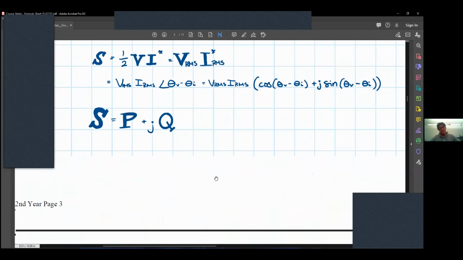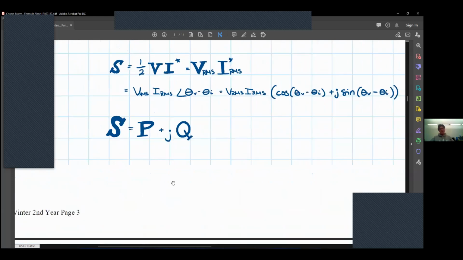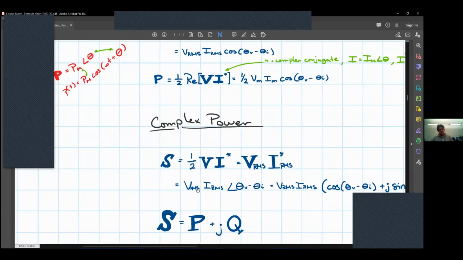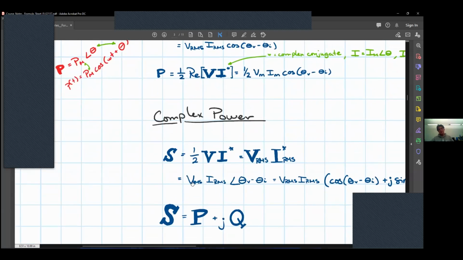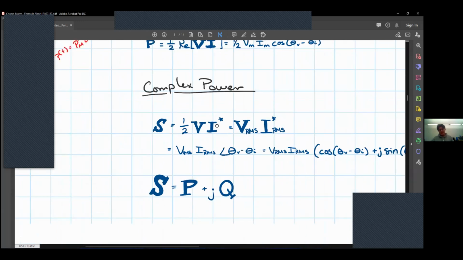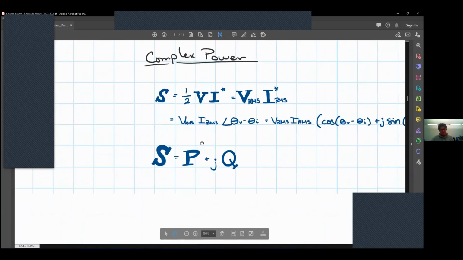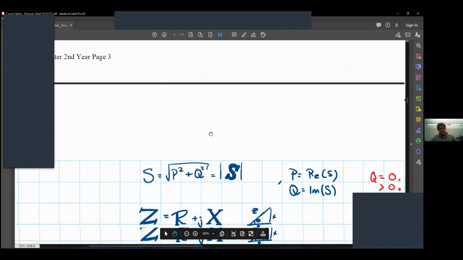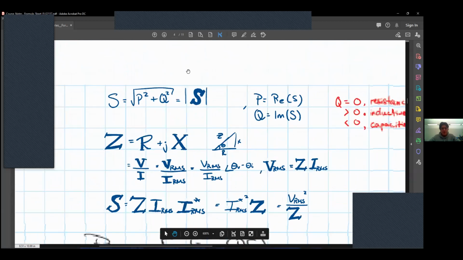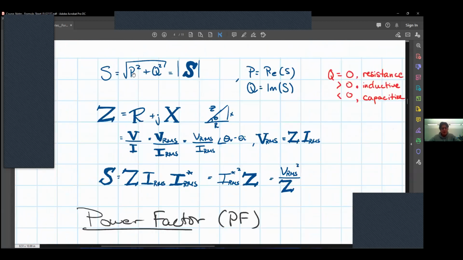It is also the sum of the real power plus the value of the imaginary power. So you can get the length of this value, or the absolute magnitude of it, by simply taking the square root of the magnitudes of the real and the imaginary portion, getting the length of the phasor.